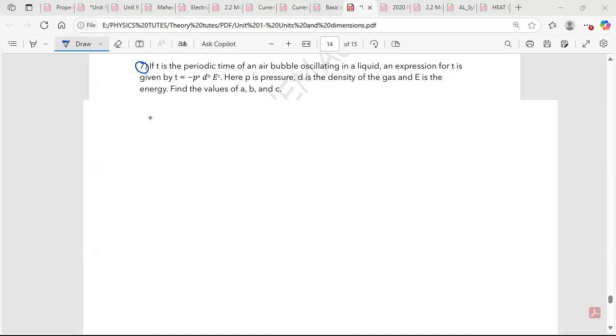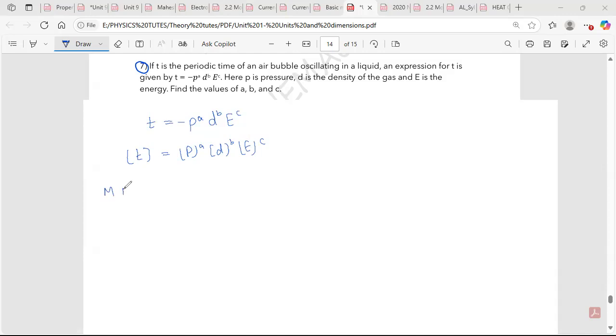So they have already given this, no? T equals minus P to the power A, density to the power B and energy to the power C. So dimensions of T is equal to dimensions of P to the power A, dimensions of D to the power B, and dimensions of E to the power C. So here also it's time.